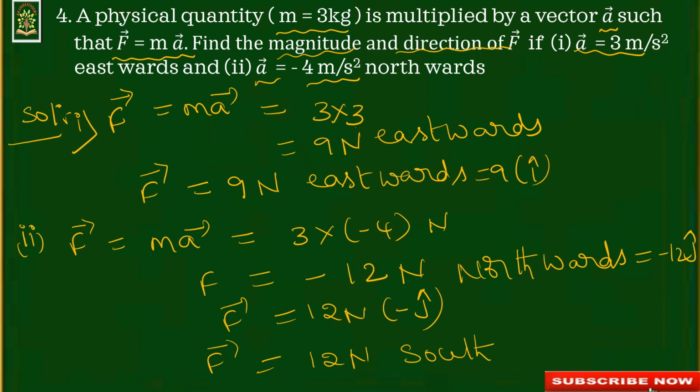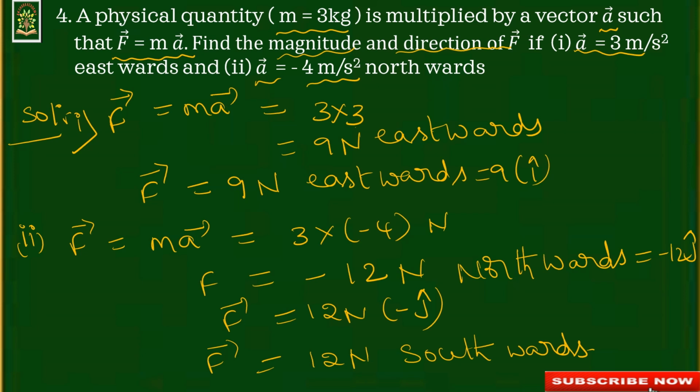In eastwards, F bar is equal to 9 newtons, and F bar is equal to 12 newtons southwards. Here we are calculating at a is equal to minus 4 meter per second square, we are getting 12 newtons southwards.